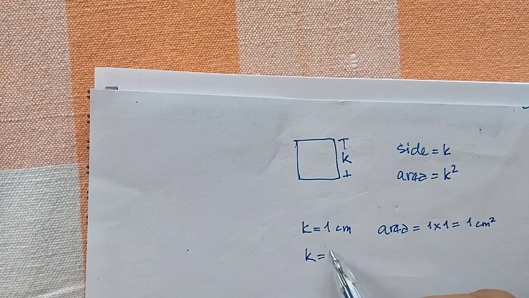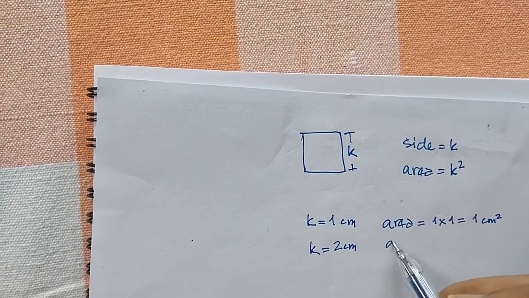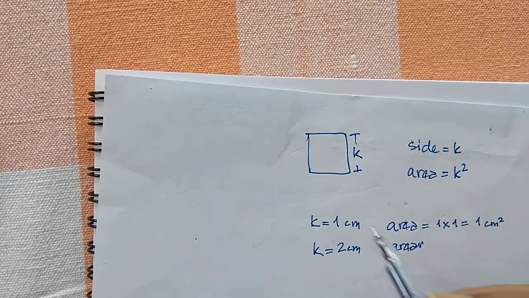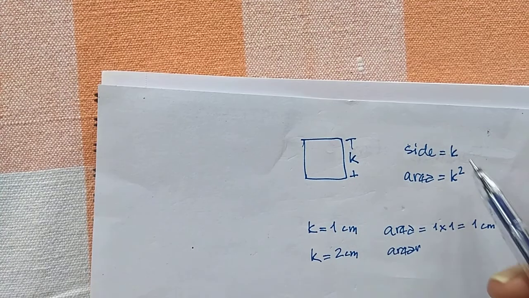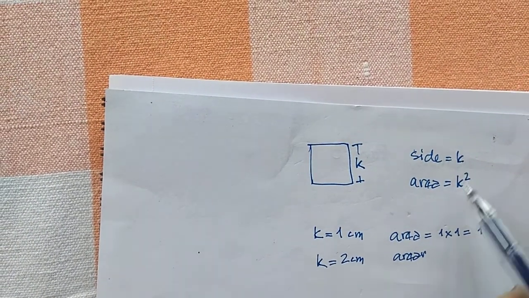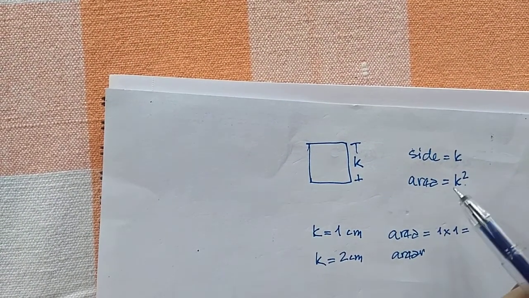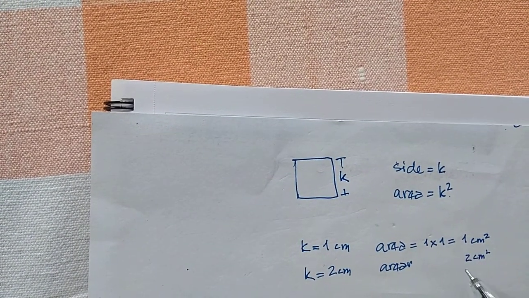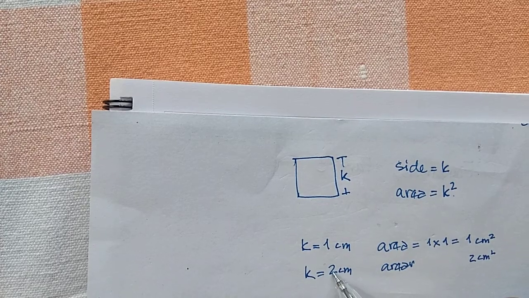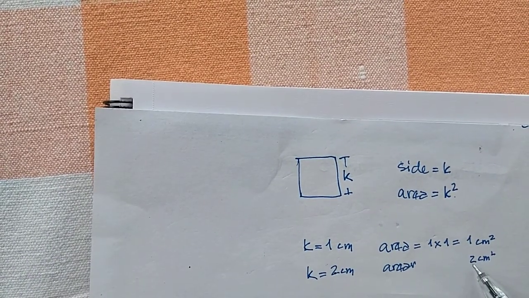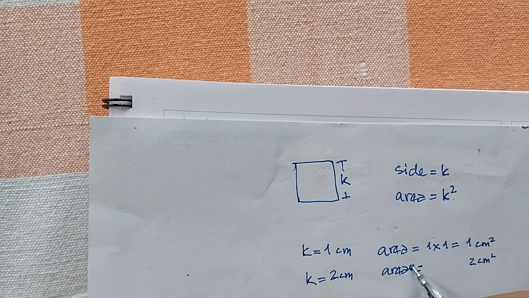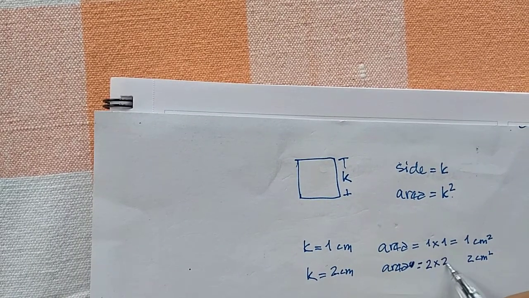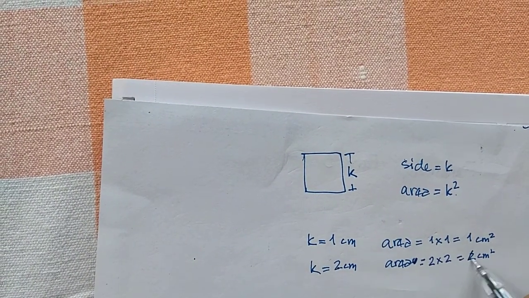If k is 2, you would expect that if these two quantities, the length of the side and the area of the square, were proportional, the area would become 2 centimeter square, because 1 will become 2, this will double, so this is also double. But that is not the case. This is 2 into 2, which is equal to 4.